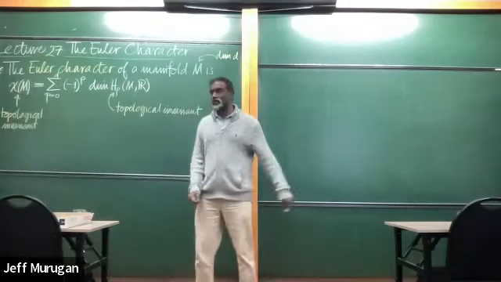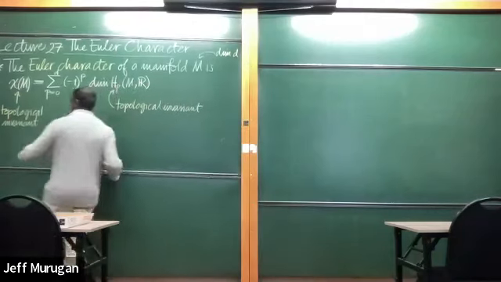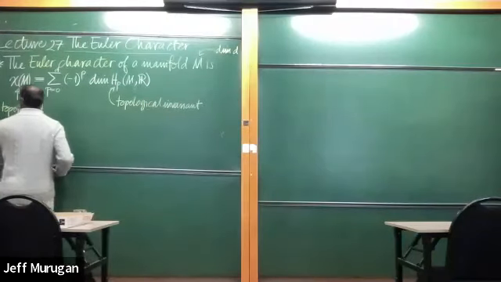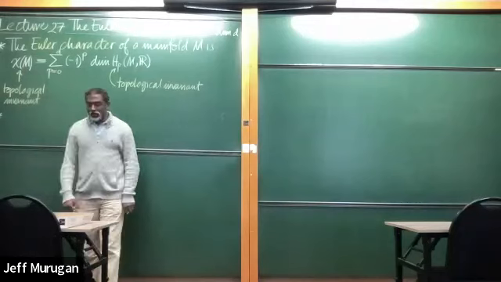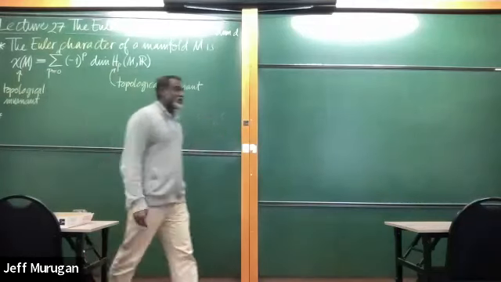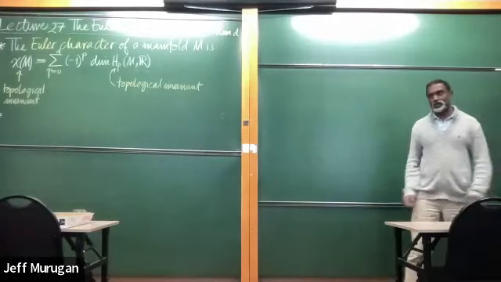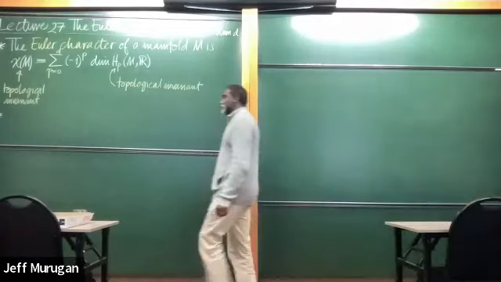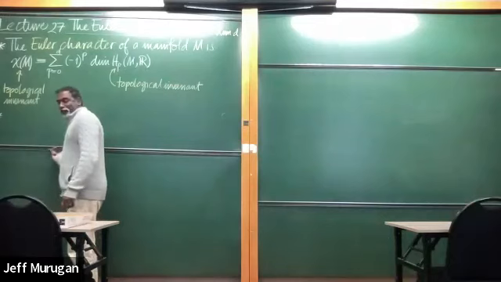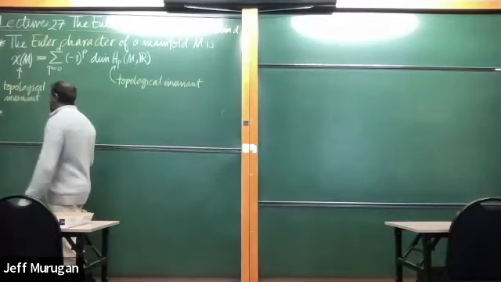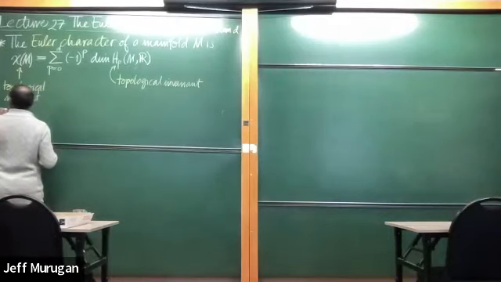Okay? The definition that you've encountered in primary school is one that involves vertices, edges, and faces, ostensibly of a two-dimensional object like a cube. But it meant something like this.